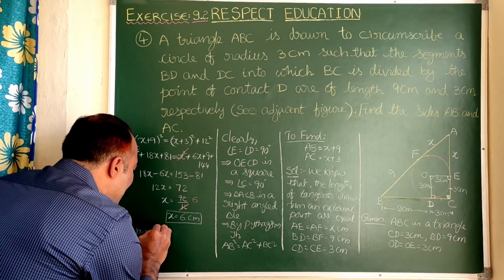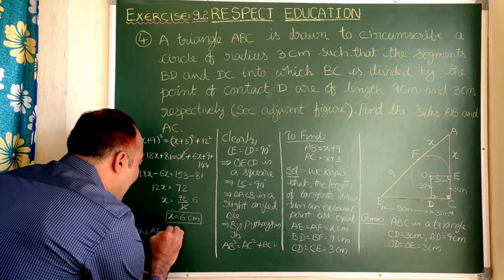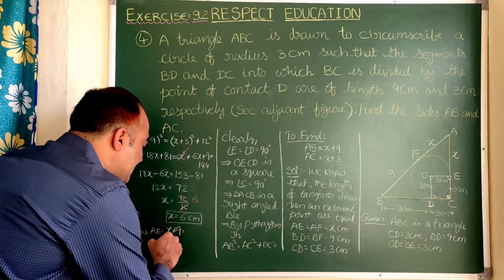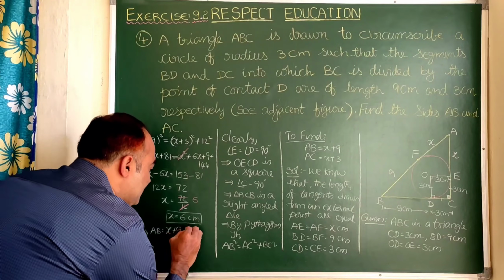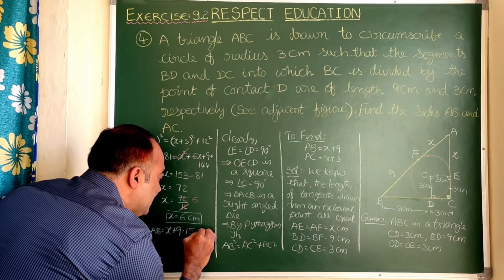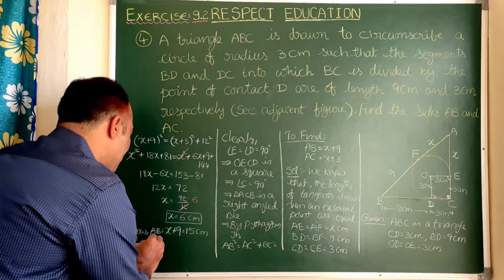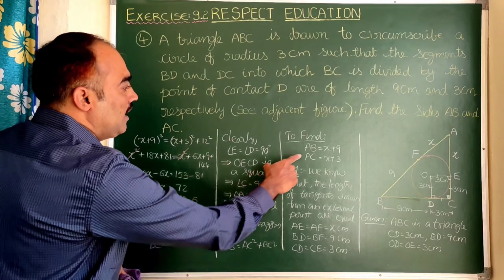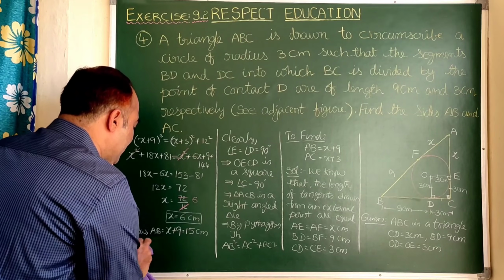Now, AB is equal to x plus 9, since x is 6, so this is 6 plus 9, which is 15 centimeter. In the same way, we need to find AC.